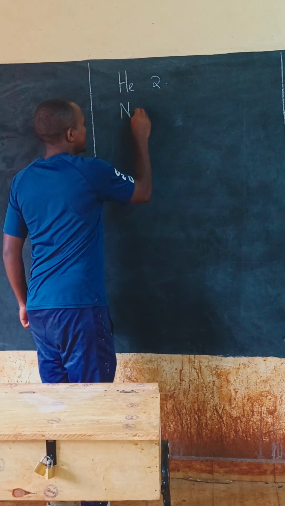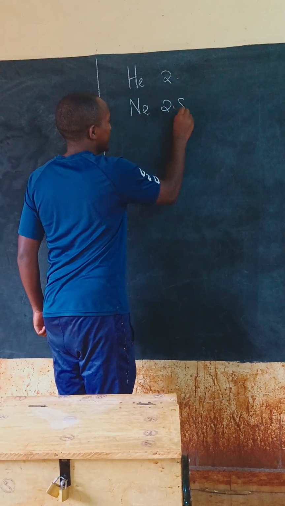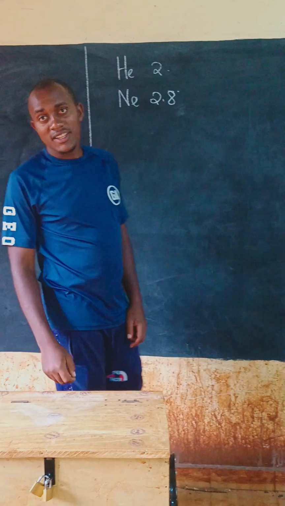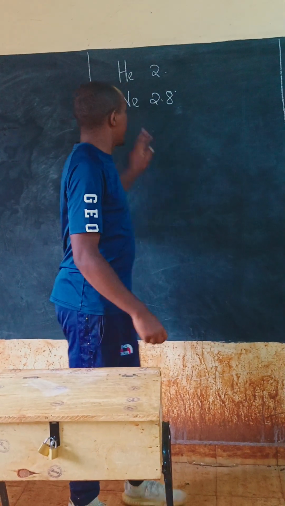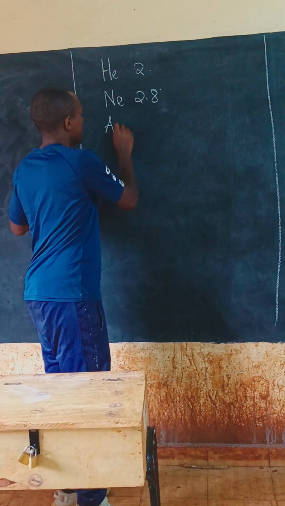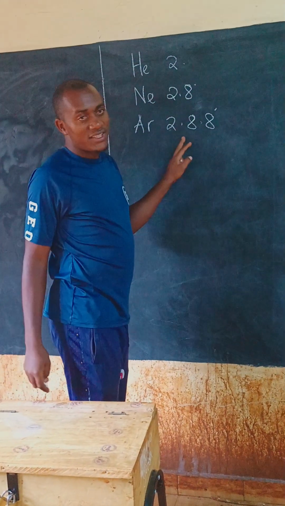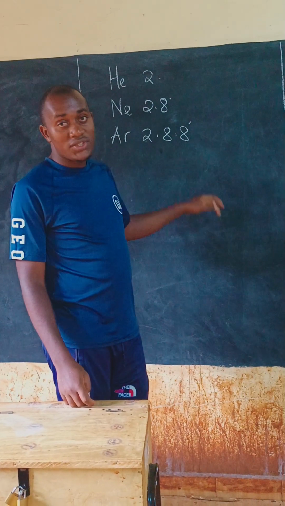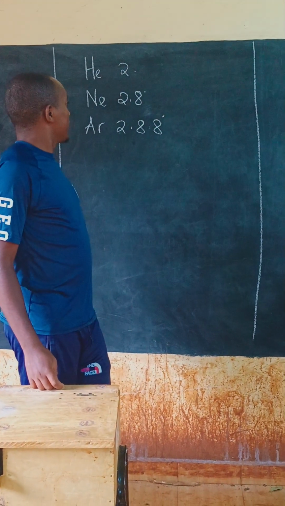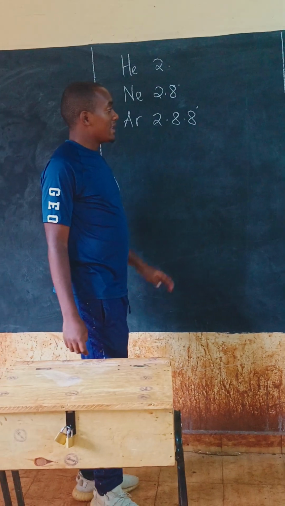We have neon with the electron configuration 2:8. It neither gains nor loses electrons. And we have argon, which is 2:8:8, having a stable configuration, therefore it does not gain or lose electrons.